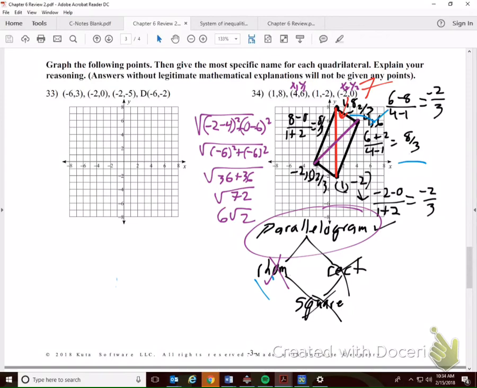We have 1, 8, and we have 1, negative 2. So that distance right there is 10, because to go from 8 to negative 2 is 10. So we know that the red one has a length of 10, and the purple one has a distance of 6 radical 2. That is not congruent.